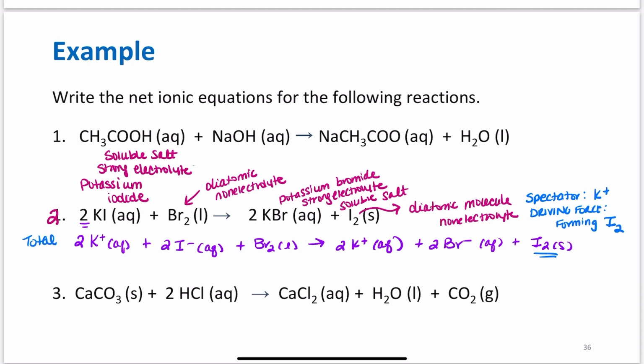Again, this is the total ionic. So my net ionic would be 2 moles of I minus reacting with Br2 liquid, forming 2 moles of Br minus, so the bromide ion, plus I2 in the solid phase.